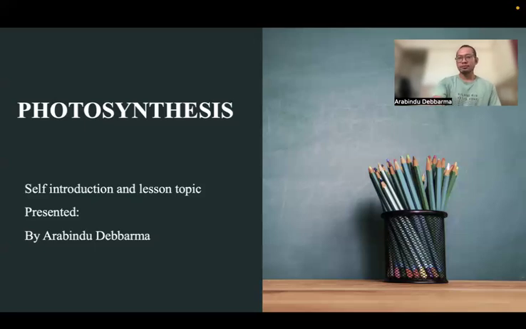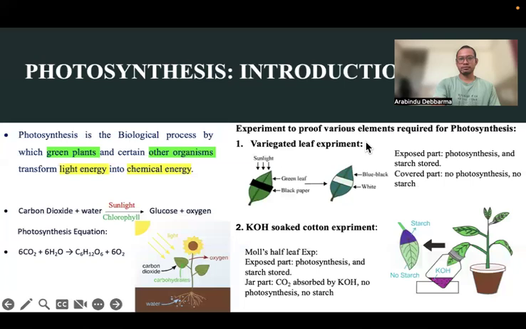Photosynthesis is a biological process by which green plants, not all types of plants, but generally the green plants, and certain other organisms such as bacteria, some algae or some sulfur bacteria, can produce their own food in presence of sunlight and convert this light energy into chemical energy.